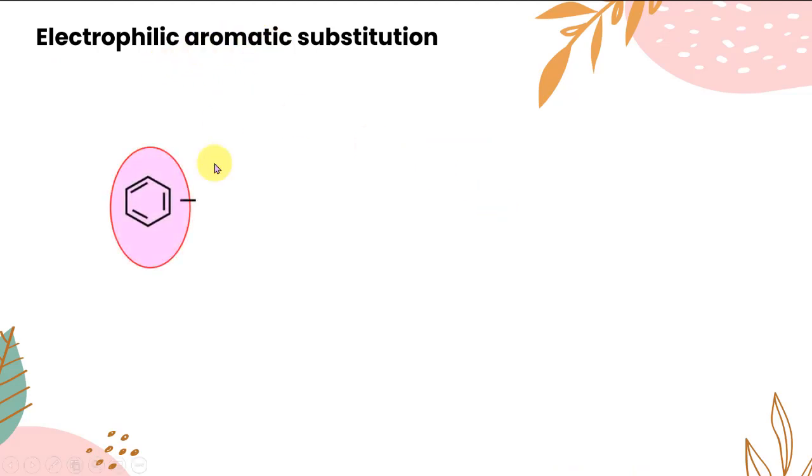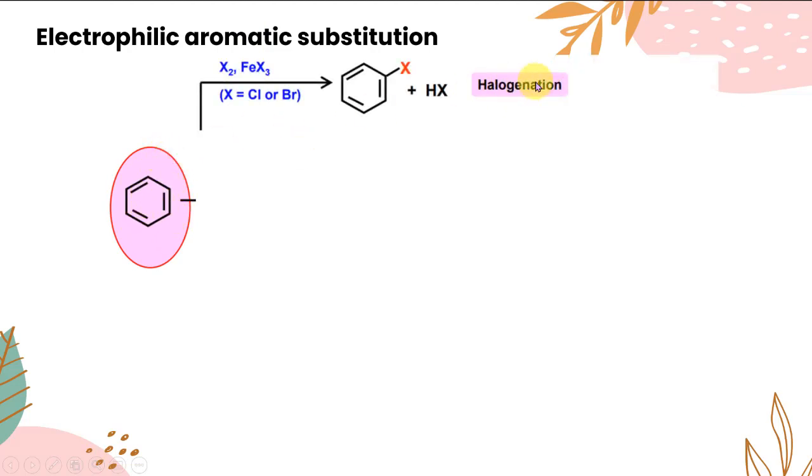So first look at electrophilic aromatic substitution. The reactions occur directly on the benzene ring. First of all, halogenation. The reagents and conditions are the halogens, either Cl2 or Br2, in the presence of a Lewis acid, FeCl3 or FeBr3.